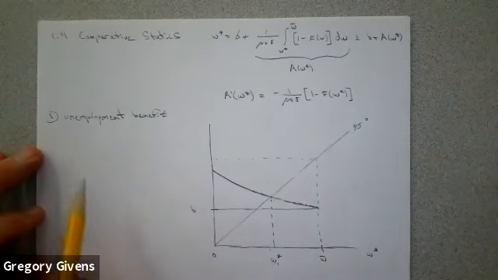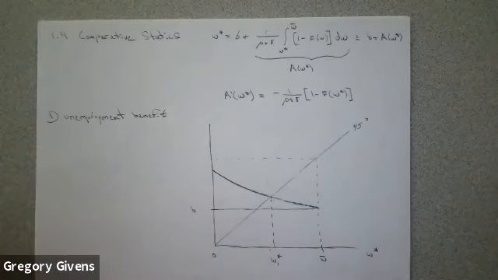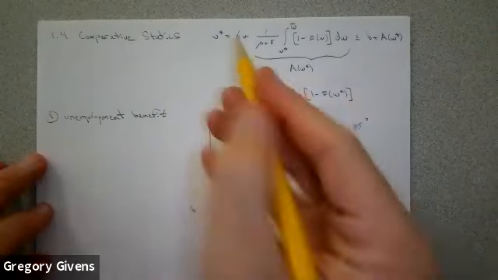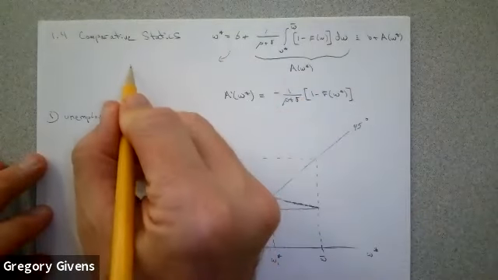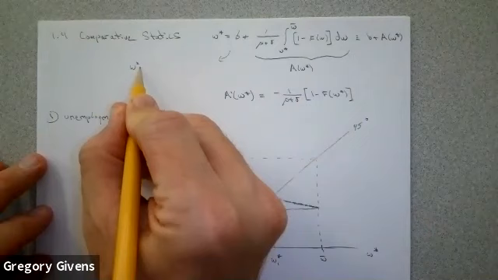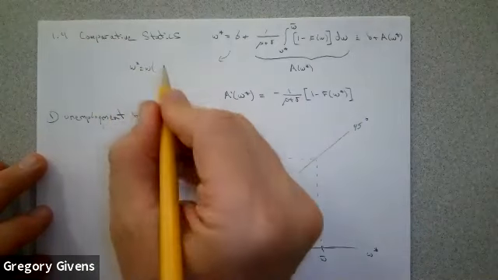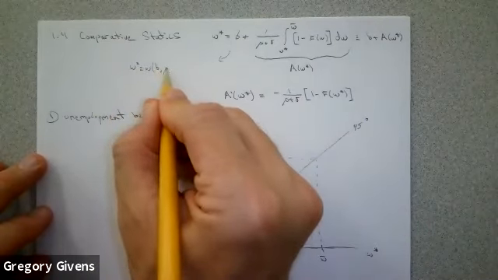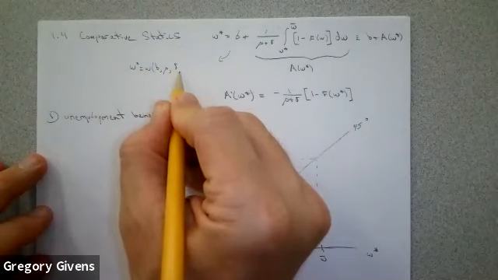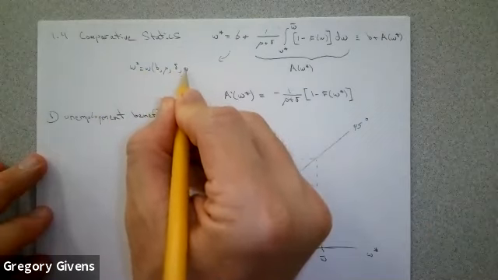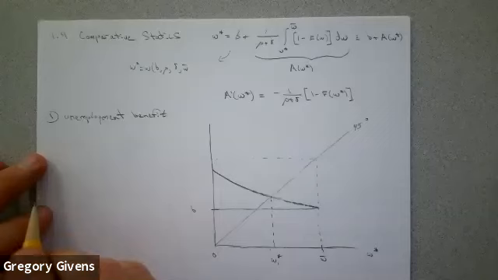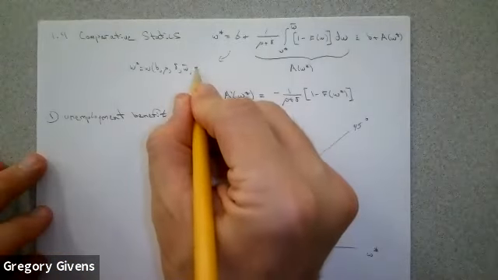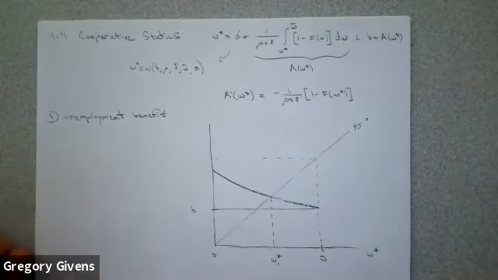So how do we compute then the partial derivative of W star with respect to B? Remember, the implicit function theorem here basically says that the reservation wage is going to be a function of the unemployment benefit, the discount rate, the separation rate, as well as the variables that characterize the distribution of wages.